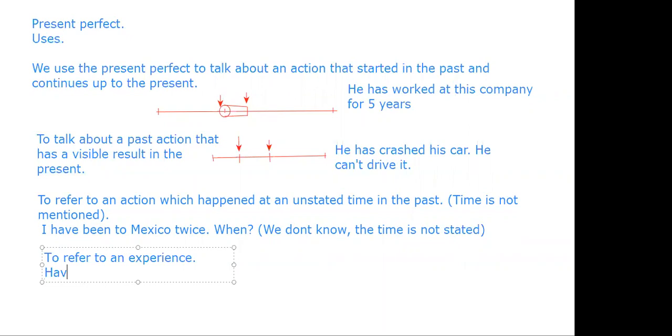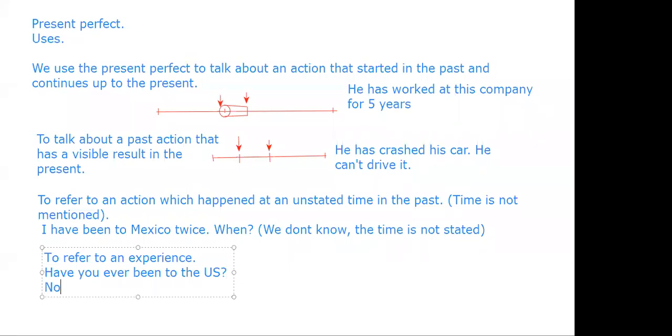For example, have you ever been to the US? It's a question, but it's the same. It's an experience. I'm talking about experience. I'm referring to the experience of being there. So have you ever been to the US?